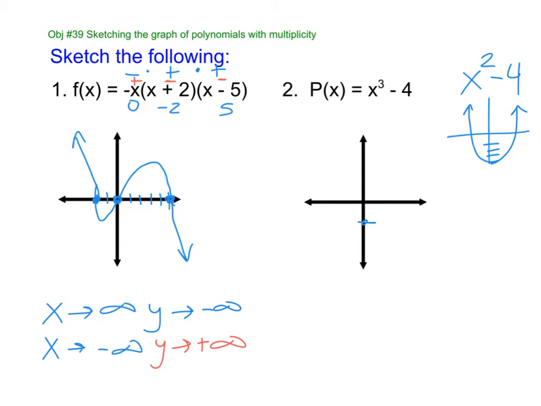So we're at -4, right? And then let's say I plug in 1. What do I get if I plug in 1? -3. If I plug in 2, I get 8 minus 4, right? And then same thing kind of here, so this thing actually looks like this.